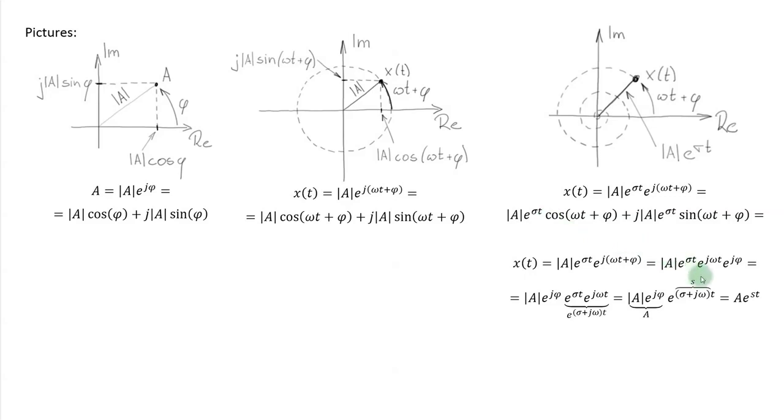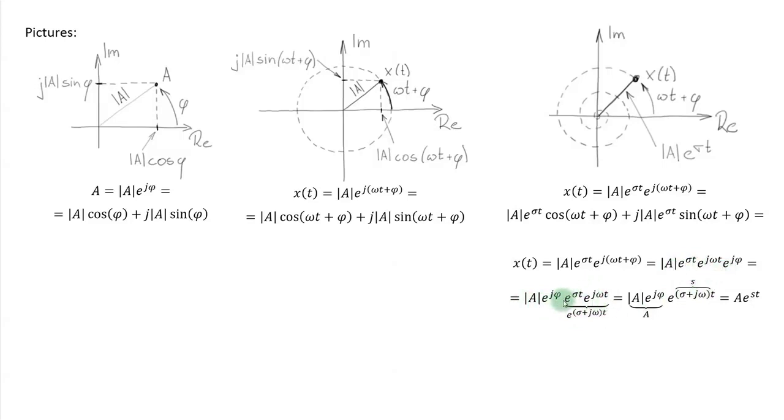In the previous slide, I showed you the complex exponential in this form, but here I will show you that this form and this form are equivalent. So I will take this, I will write it here, and now I will break this exponential into these two exponentials. Now I will rearrange the order of these three exponentials, and that will give me this.